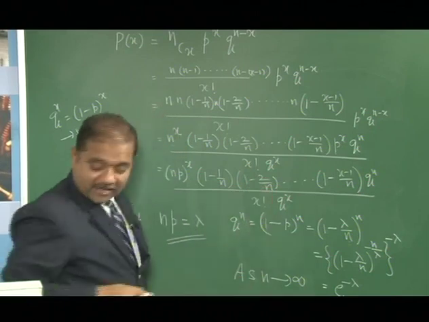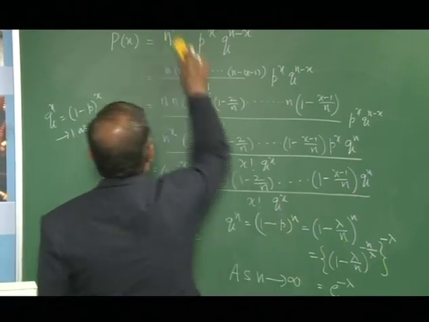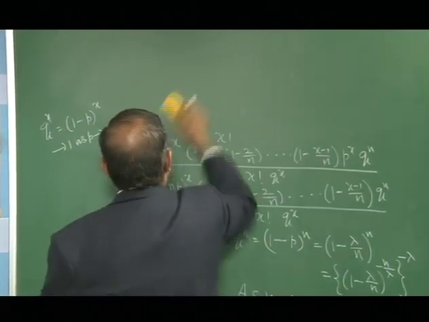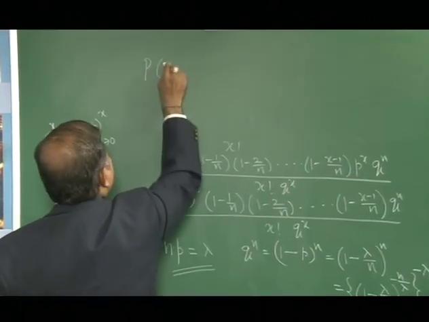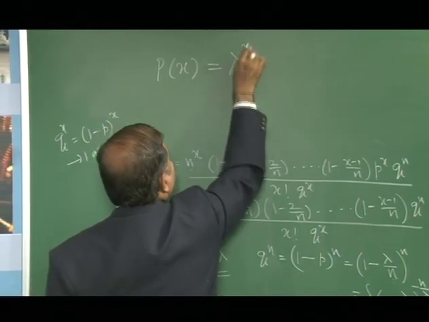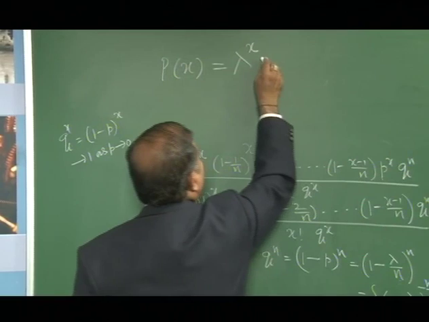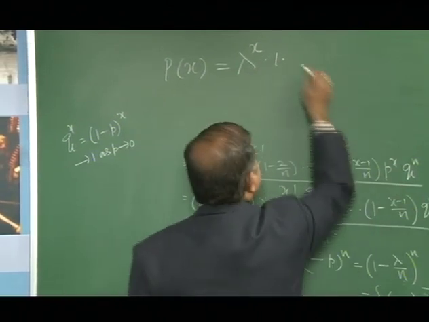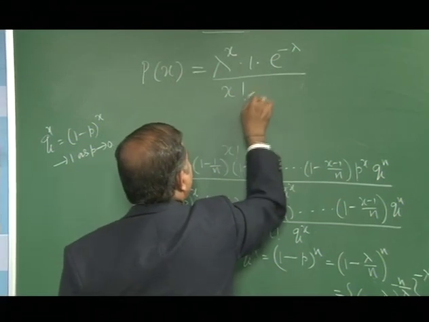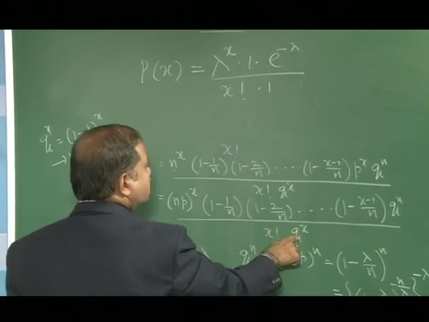So what is the answer you got? Same, p of x is equal to np, that is lambda power x, these things are 1. This is e power minus lambda by x factorial into, this is also 1.